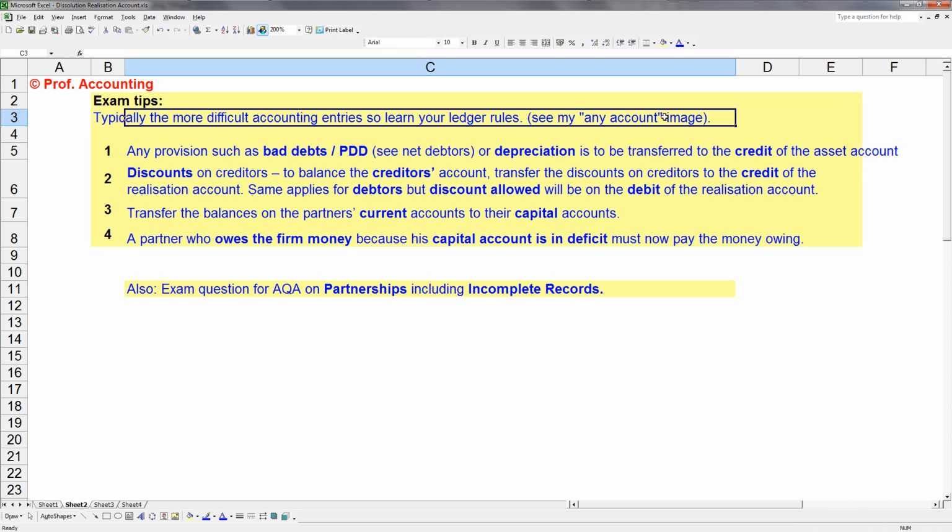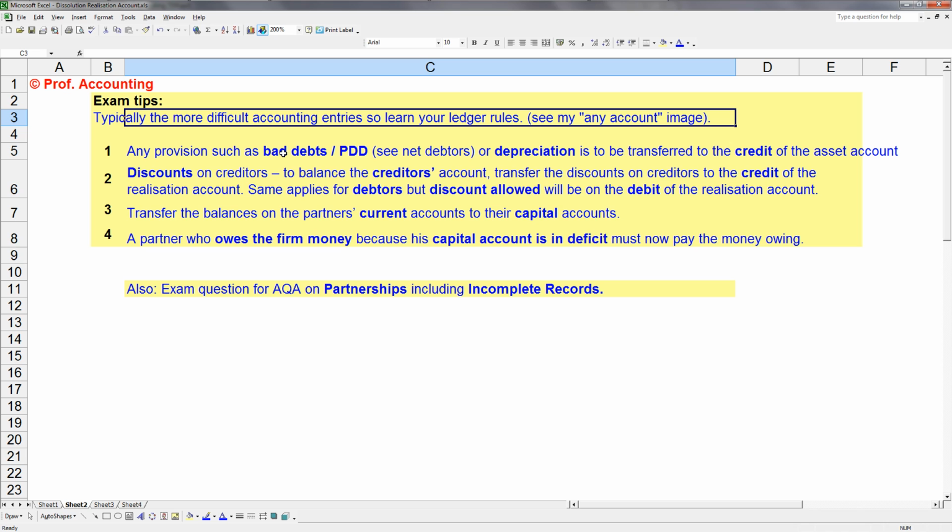Bad debts, you just have to take them away before you do the PDD. Again, it's AS stuff, but you've got to do that in the question. Depreciation as well, you need to net it off the cost of the fixed assets. So essentially you're transferring the balances to the credit side of the asset account. So if you've got the debtors ledger, the bad debts and the PDD would go to the credit side of that account to give you net debtors.